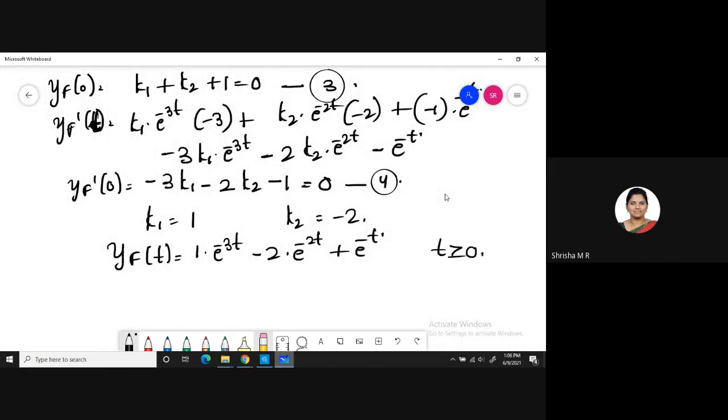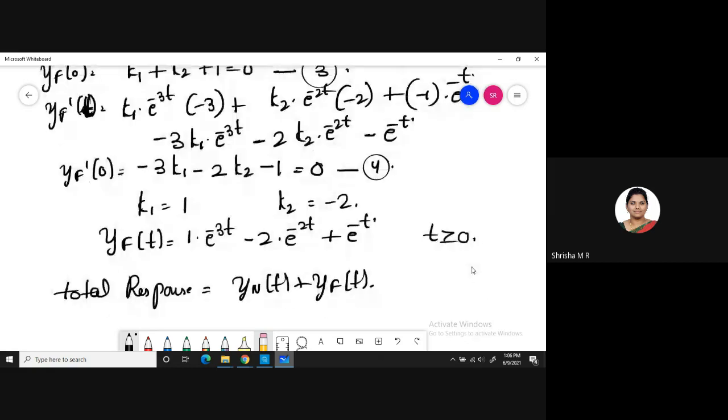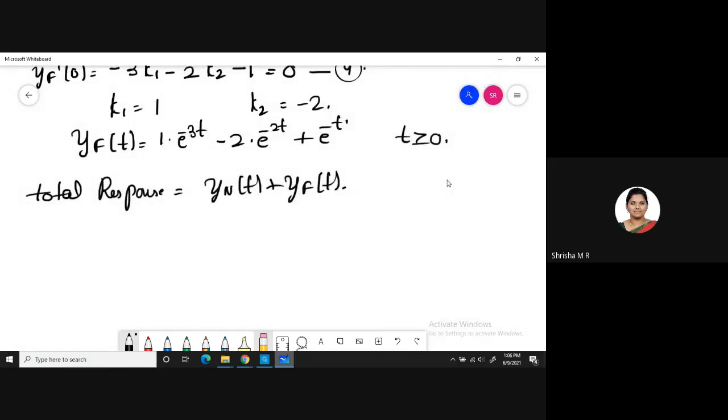Okay, total response will be natural response plus forced response. Add that natural response and forced response. Forced response is this one. Natural response, what is that? Can anyone tell the natural response?